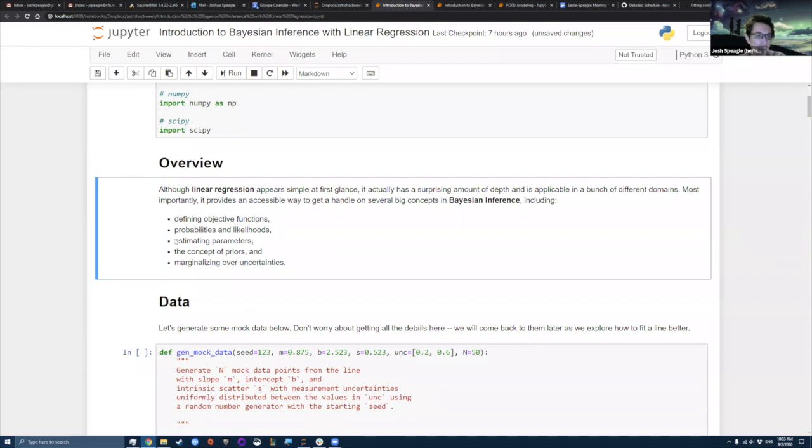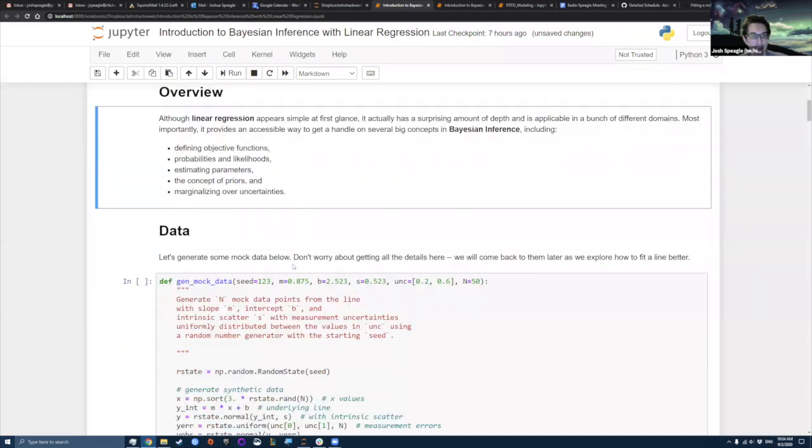And then going beyond that to actually estimate parameters and do real inference. This is the core of Bayesian inference and most statistical inference algorithms, the difference between what a probability is and what actually inference is. Introducing the concept of priors, and then finally being able to take some of the results, visualize them a bit, and then trying to marginalize over the uncertainties when generating predictions.